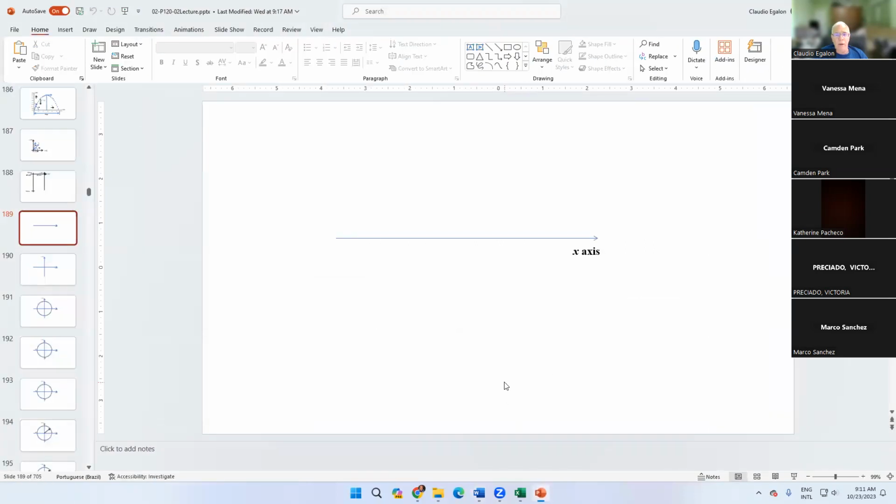I'm going to walk you through. So here you go. Here's the x-axis, here's the y-axis, and here's the path of your object. The radius is r. Here is the position of your object.